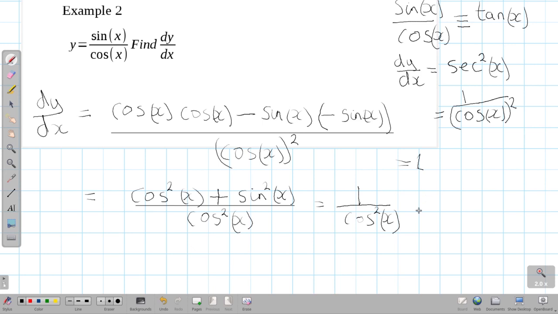Hey presto, as you now know, that is equivalent to sec x squared. So we've proved it, and that's the beauty of maths, you can prove things.